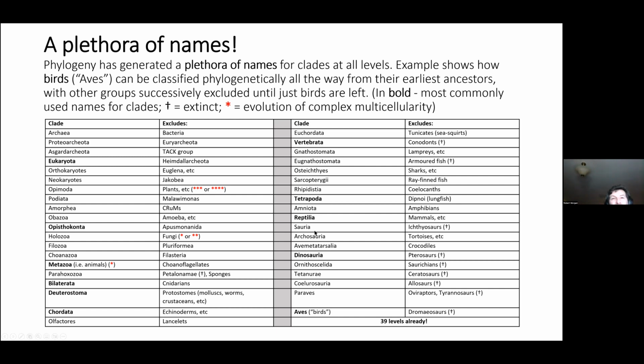But eventually, after 39 steps, you can get to a branch of the tree which just contains the birds. But all of these have been given names, and there's probably thousands of different names of groups that have been done in this sort of way. Instead of working your way towards birds, for example, you could work your way towards, I don't know, annelid worms or something like that, or to mollusks and so on, and generate another load of names along the way.